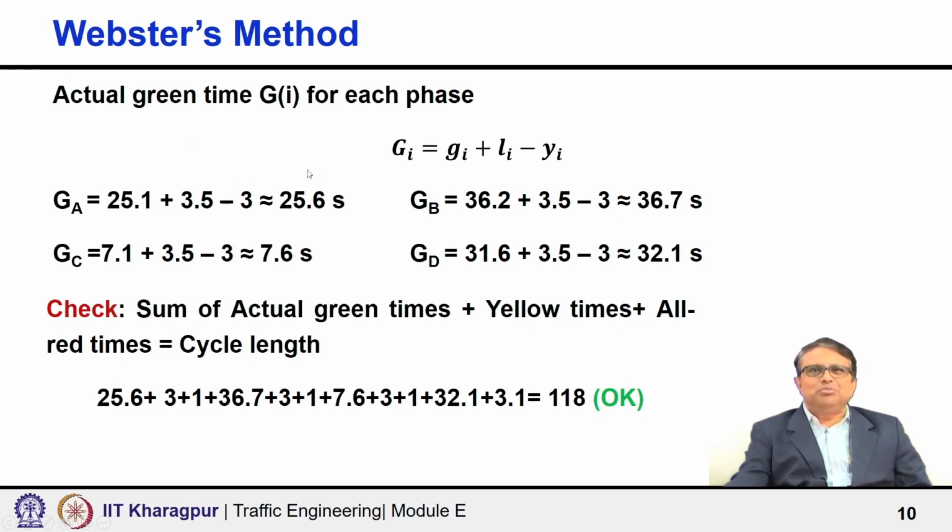So, total green time together, right, GA plus GC plus GB plus GD all together, plus you can get all the yellow time, add them. So, 25.6, 36.7, 7.6 and 32.1 plus all the corresponding yellow time and all-red time. So, 4 seconds, 4 seconds, 4 seconds, 4 seconds. So, if you get that, what you will get? You will get the cycle time.